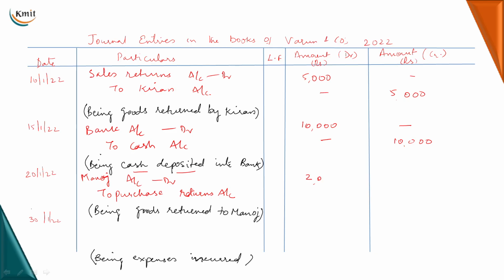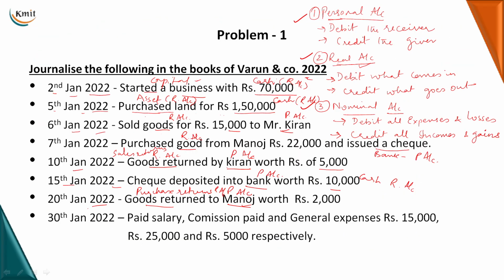The amount here is 2,000 in the debit column and 2,000 in the credit column. And below is the narration, being goods returned to Manoj.